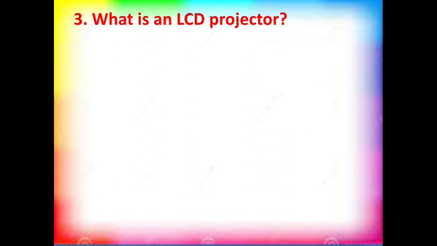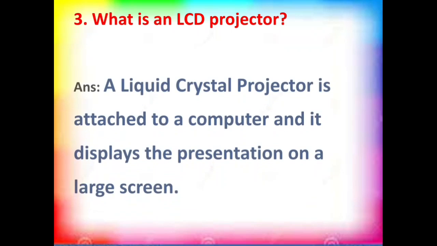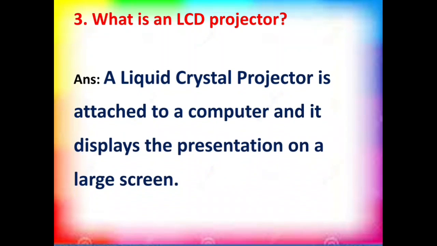Next question is, what is an LCD projector? An LCD, that is liquid crystal display projector. The expansion of L is liquid, C is crystal, P is projector. It is attached to the computer and it displays the presentation on a large screen.